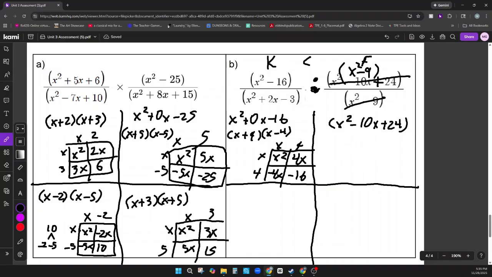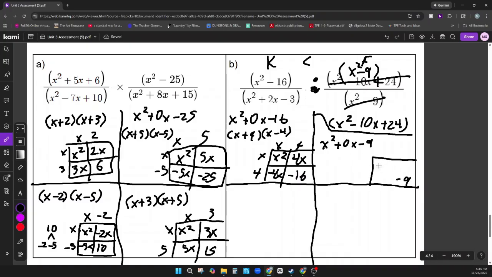Now, this box is going to be for my numerator for my second fraction. So that's going to give me x squared plus 0x minus 9. Again, whenever I have two terms, a binomial, I want to test to see if I can get my 0 value to work in the middle as my middle term.